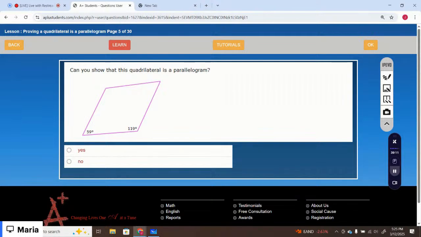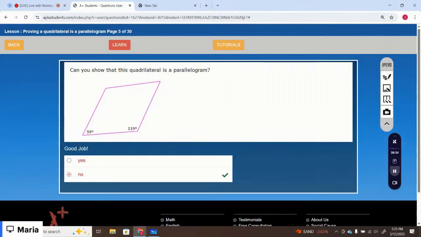Can you show that the quadrilateral is a parallelogram? No, that is not a parallelogram. Option number two is the correct option.